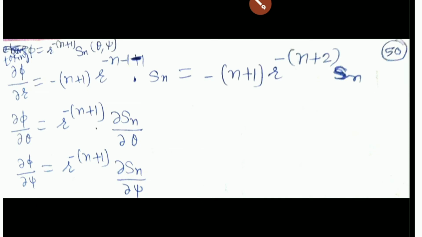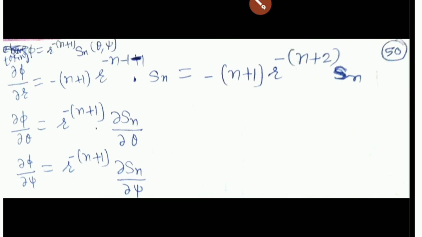So what do we get? Also taking phi is equal to r to the power minus (n plus 1) Sn of theta, psi, we differentiate this phi function again with respect to r, with respect to theta, and with respect to psi.